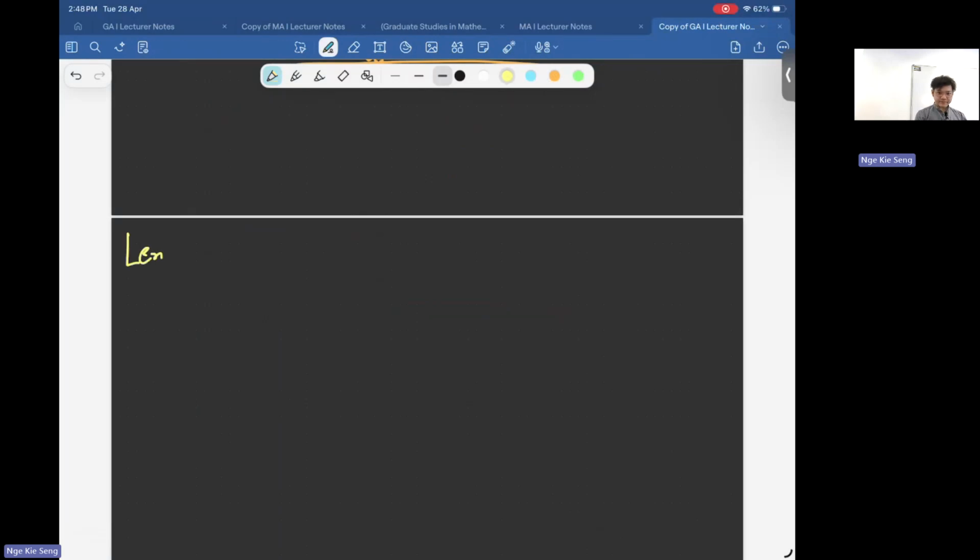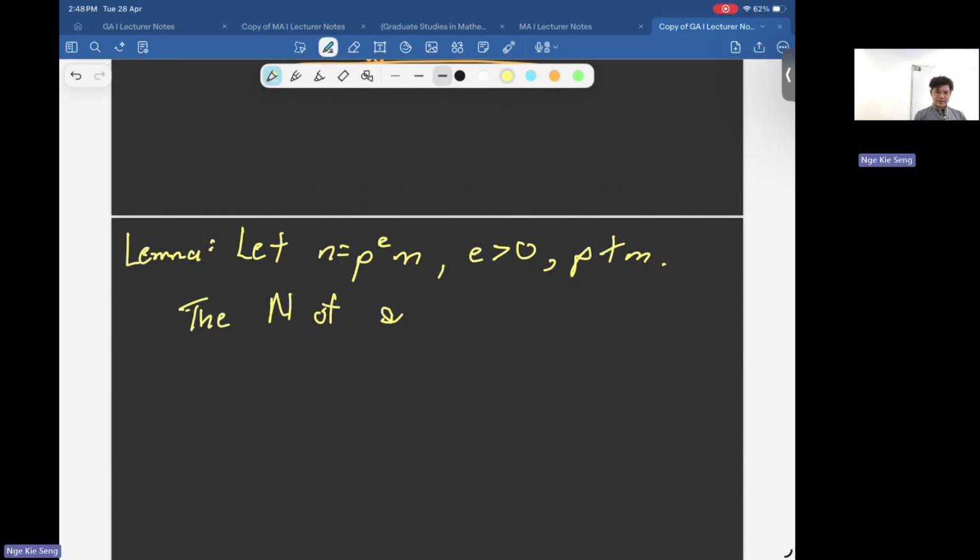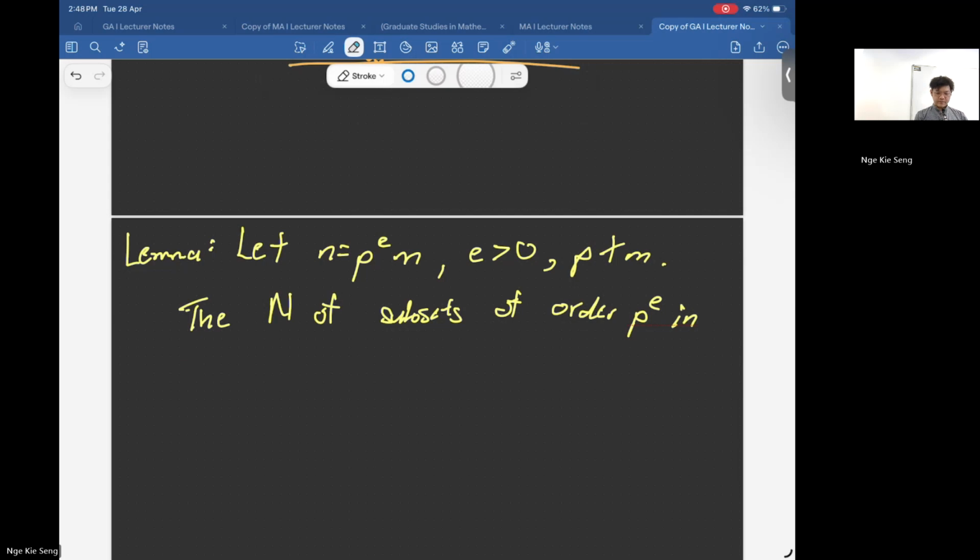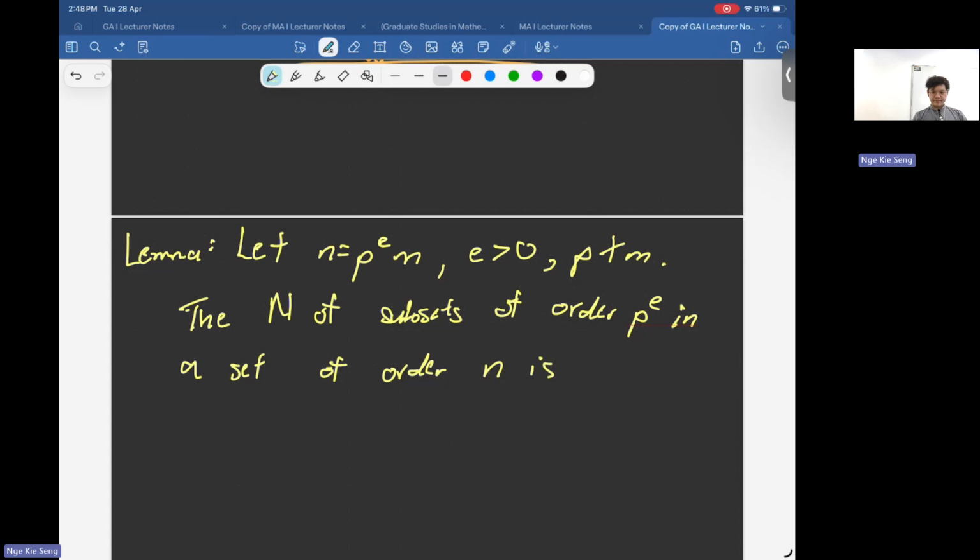And then there's another lemma. Let n equal p to the e times m, such that e is at least 0 and p doesn't divide m. Then the number of subsets of order p to the e in a set of order n is not divisible by p.